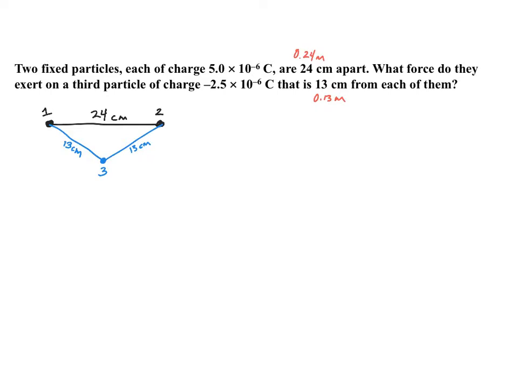So when we think about this, I'm going to have X and Y parts. All right. And remember that charges 1 and 2 are both 5 microcoulombs, and that this third charge is a negative half as much as that. So it's an attractive force.